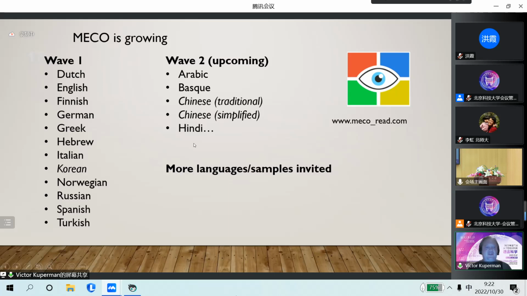So here's a list of 13 languages that we published as part of Wave 1. I'm very happy to say that Wave 2 is happening as well. We're collecting more languages that we'll publish soon. And these will include both the traditional and the simplified Chinese texts that we're very grateful to our colleagues to have collected.